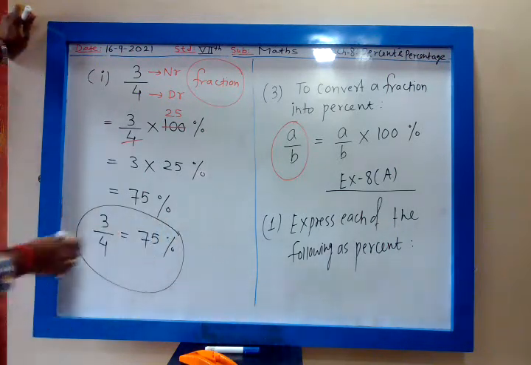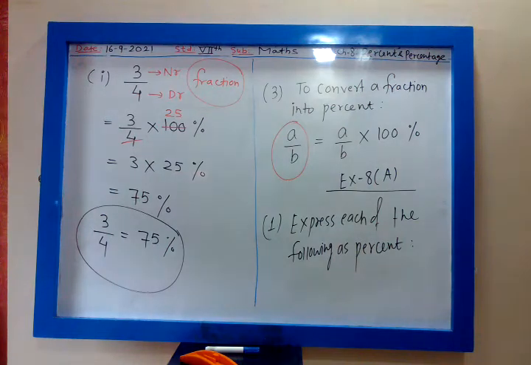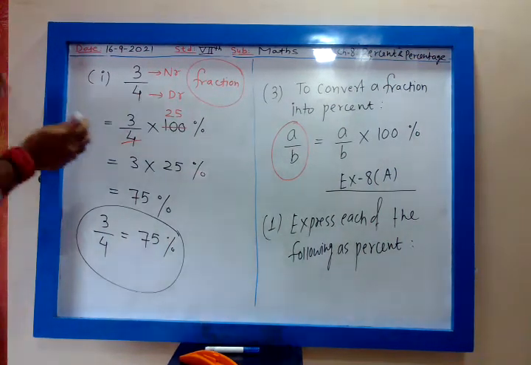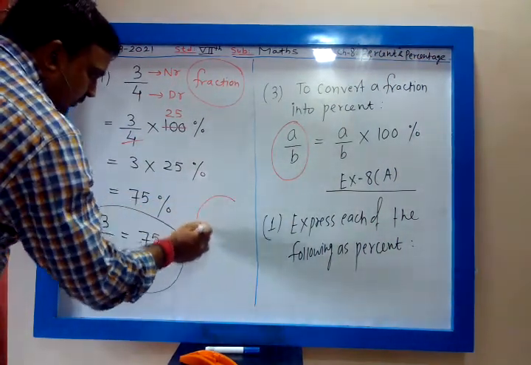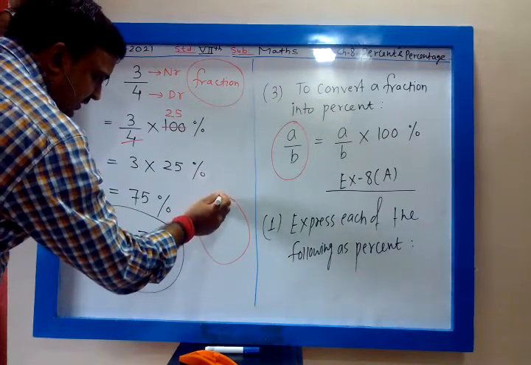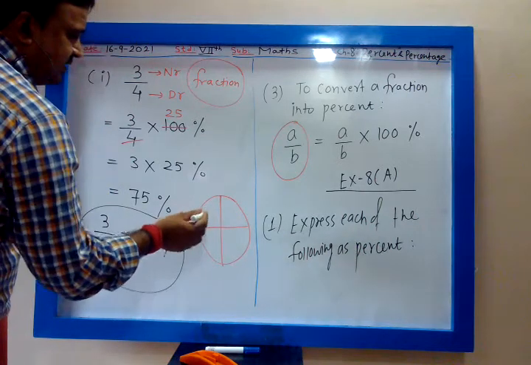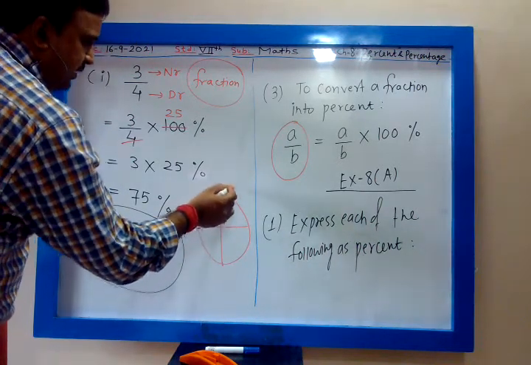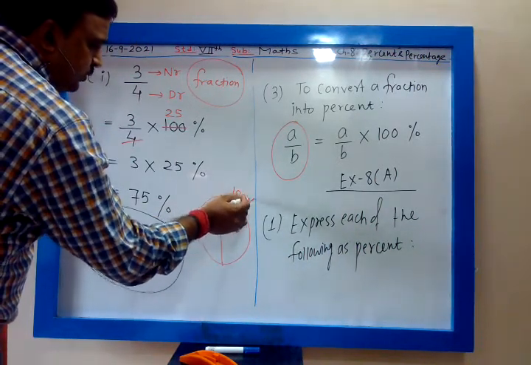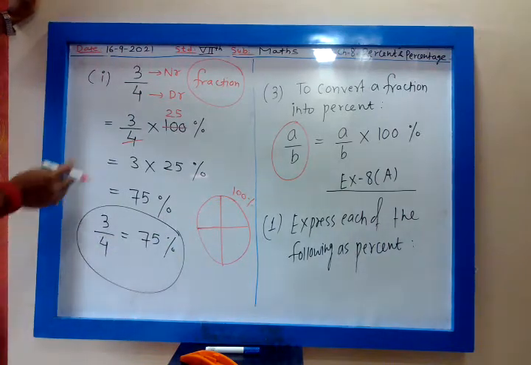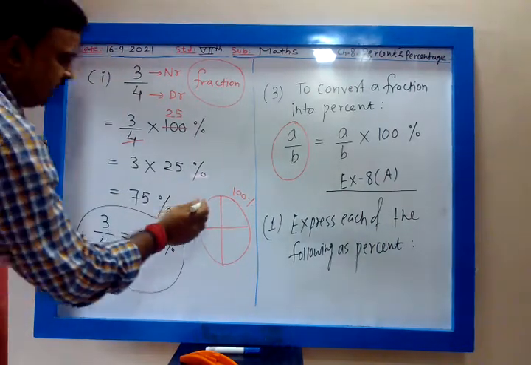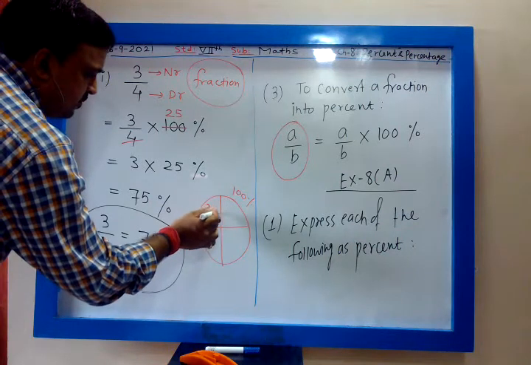Actually, what is this here? See, then I will tell you, 3 upon 4. Total 4 parts are there. Total 4 parts means 100%. And you have taken 3 parts of it. So each part will be 25%.